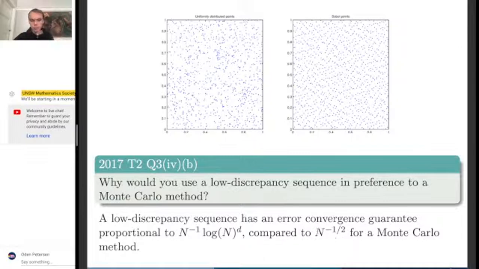If we compare that to the root mean square error of a Monte Carlo quadrature estimate, this root mean square error is going to be proportional to 1 over the square root of n. We want these to both shrink as fast as possible as n gets larger and larger.